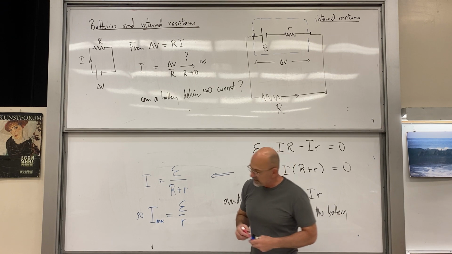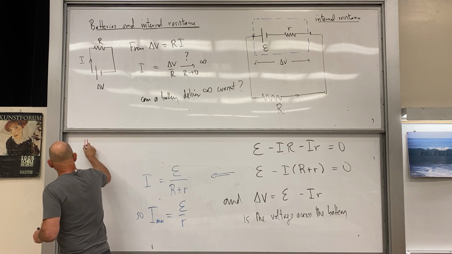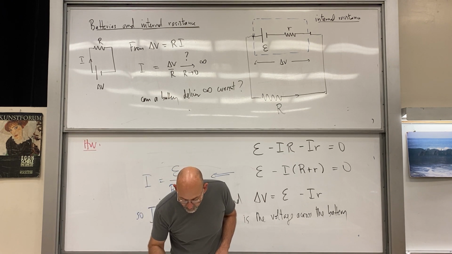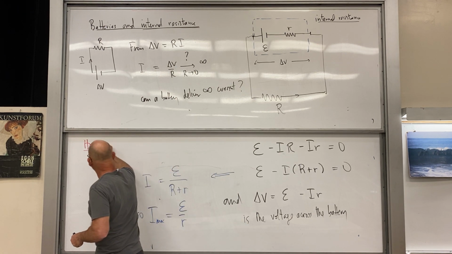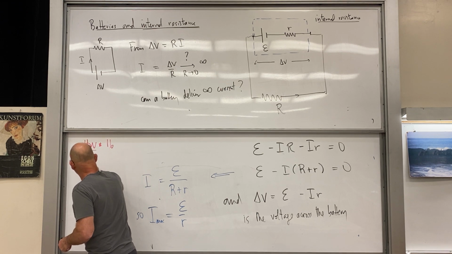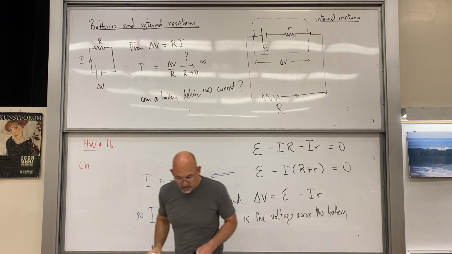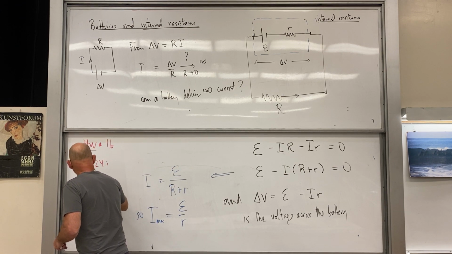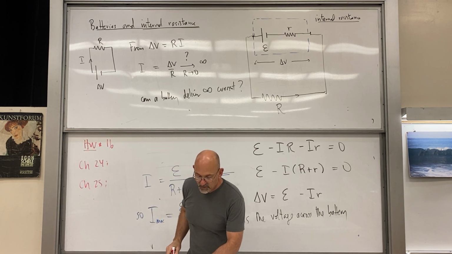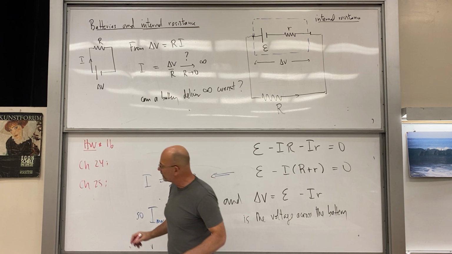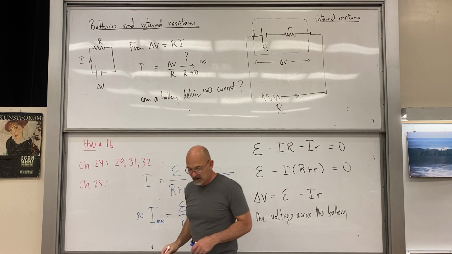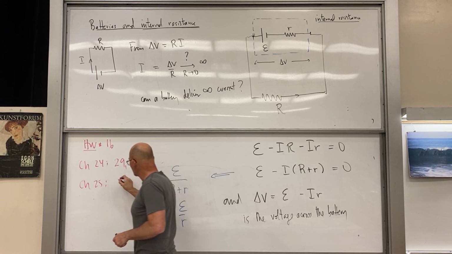So let's write down a homework assignment. I actually had, from the Capacitance chapter, a couple I wanted you guys to do. So this is homework 16. And what are these 2 chapters? 24 and 25. So the capacitance problems, and then the current problems, let's see, 29, 31, 32. I think they're actually kind of interesting. And for the current, I only had one here.